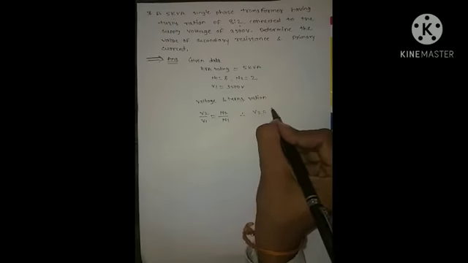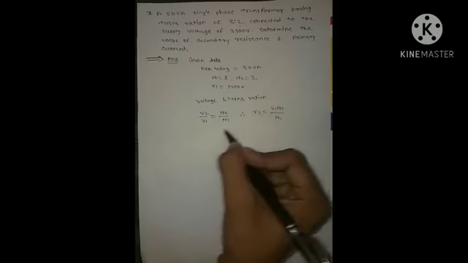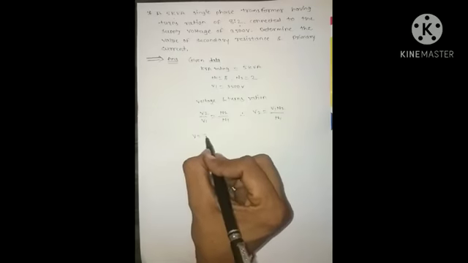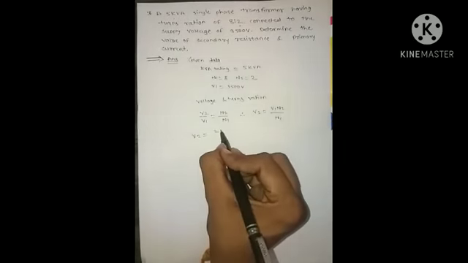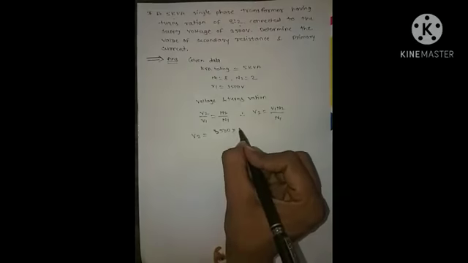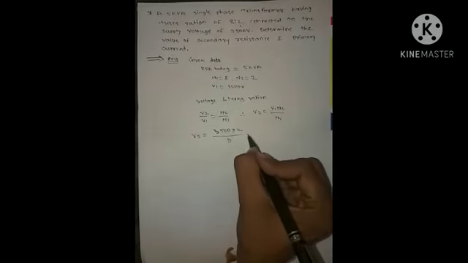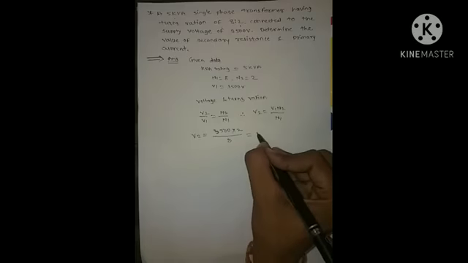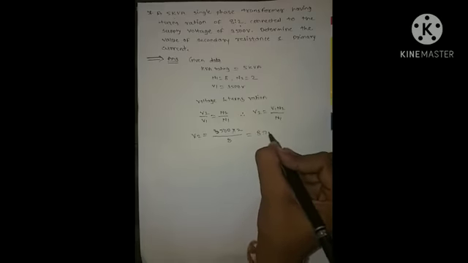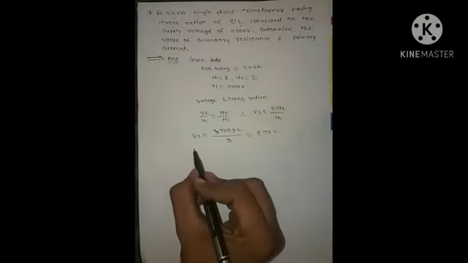Hence, we put here values, we will get V2 equals to V1 N2 upon N1. So put here the values, then V2 equals 3500 into N2 is 2 and N1 is 8, and by solving this we will get V2 is 875 volt. Okay, so after that the secondary full load current.